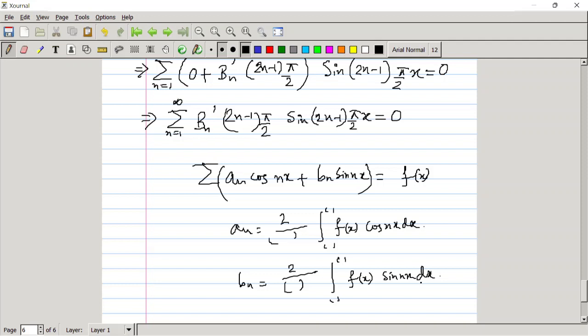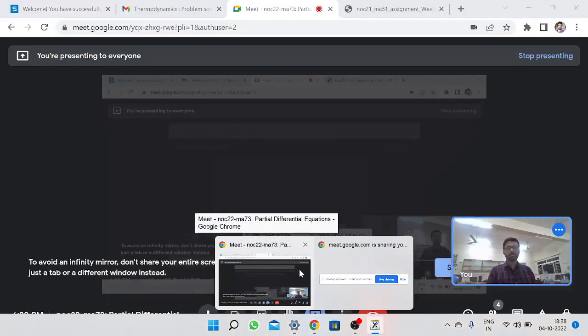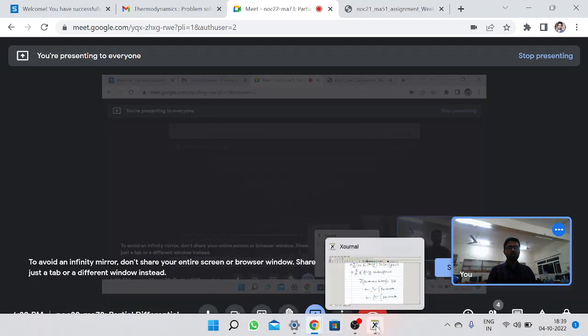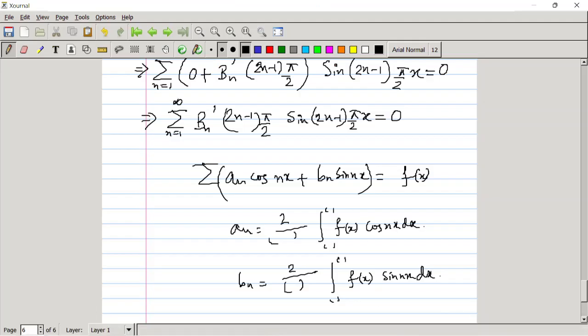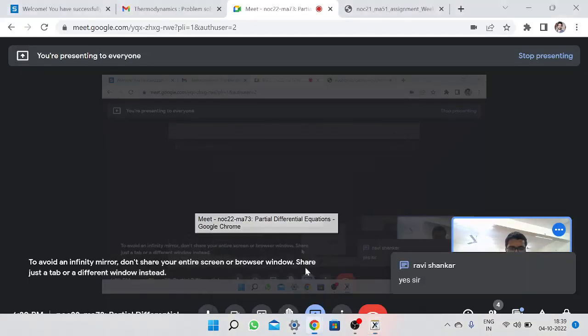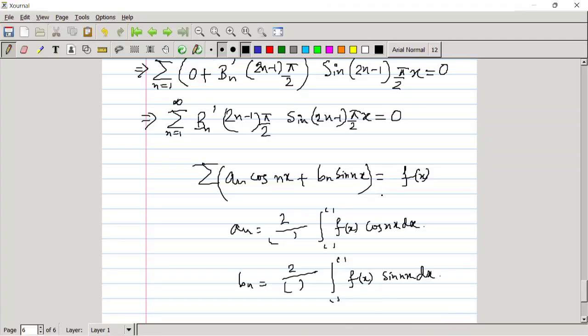You know this Fourier coefficient, Fourier series. Robi, you know? Please respond. Okay, I think you wrote something. Yes, okay, fine. By using this Fourier coefficient, we have to find this.